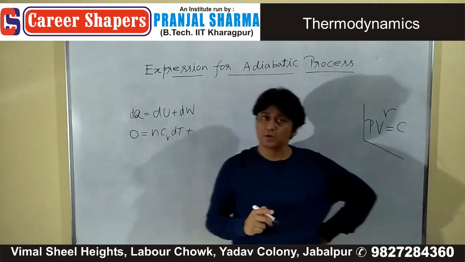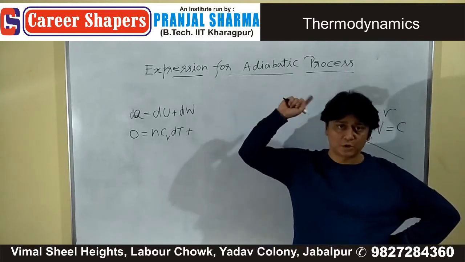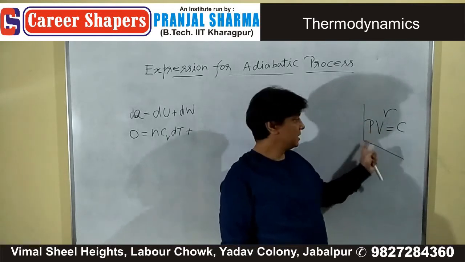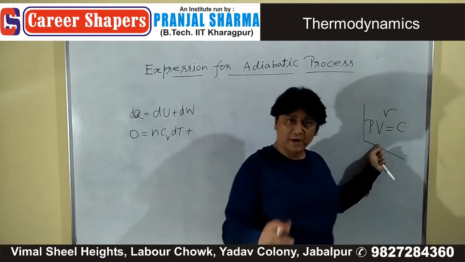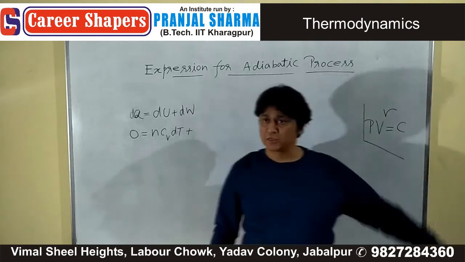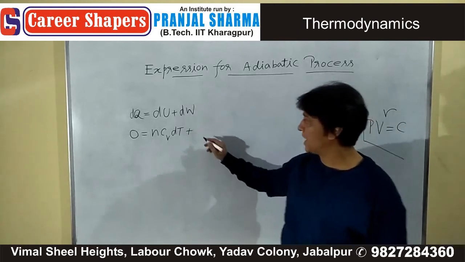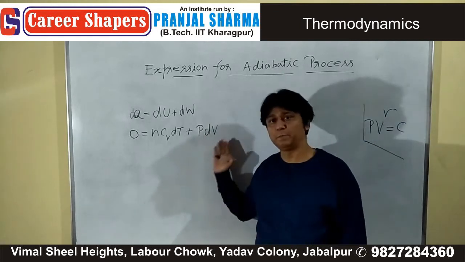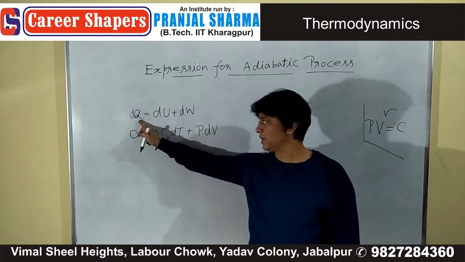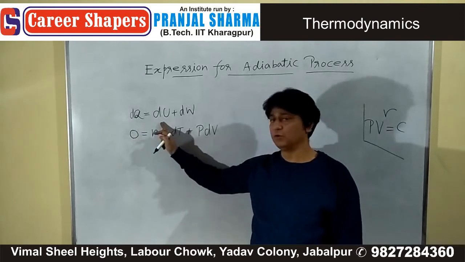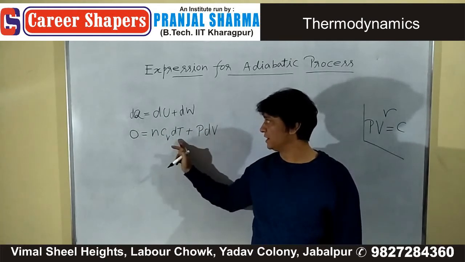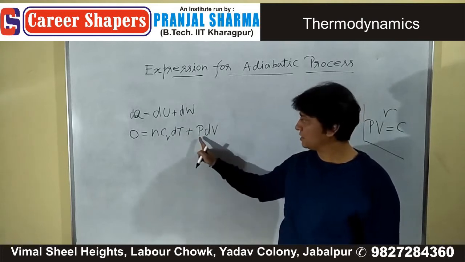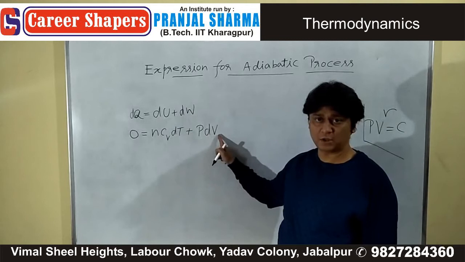You cannot use the work we have calculated for an adiabatic process, because in that I told you that we were already assuming as if we know this formula. But right now we have no knowledge of this formula, and therefore what is dW? For any type of process, dW is always P dV. Very basics. dQ for an adiabatic is 0. dU for any type of process is n Cv dT. dW for any type of process is P dV.